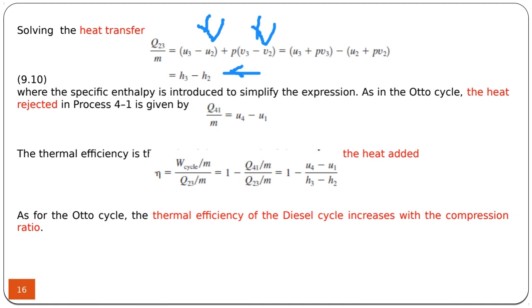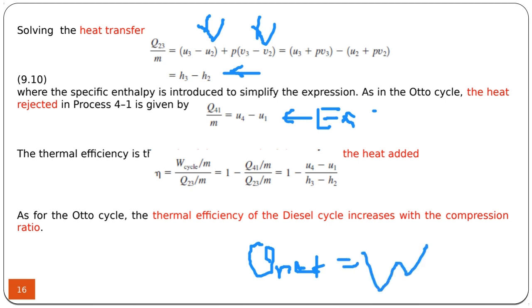Heat removal at the exhaust, and efficiency is always the net work divided by the Q in. So the net work is the W expansion minus W compression, or it can be obtained from 1 minus Q out divided by Q in, which is actually the same as writing Q net, because Q net is just equal to W net.